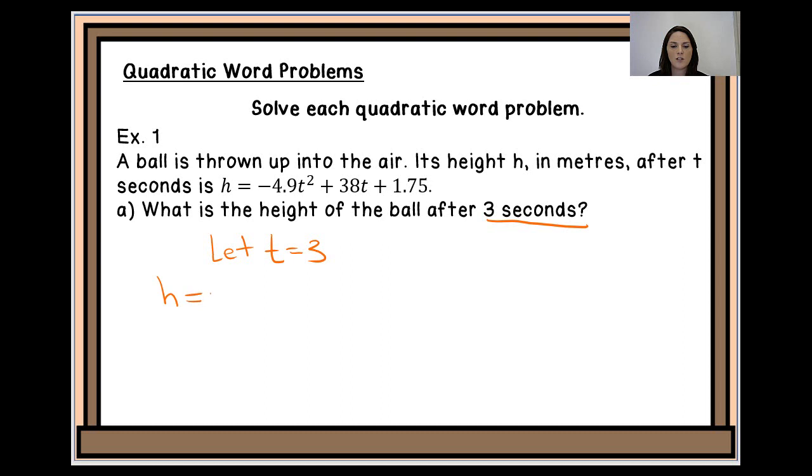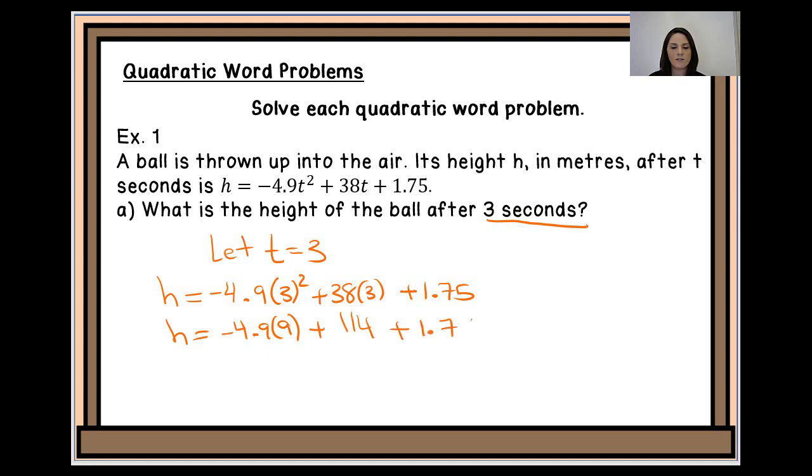So h is equal to negative 4.9 times 3 squared plus 38 times 3 plus 1.75. So h is equal to negative 4.9 times 9 plus 114 plus 1.75. Okay, go ahead and simplify.